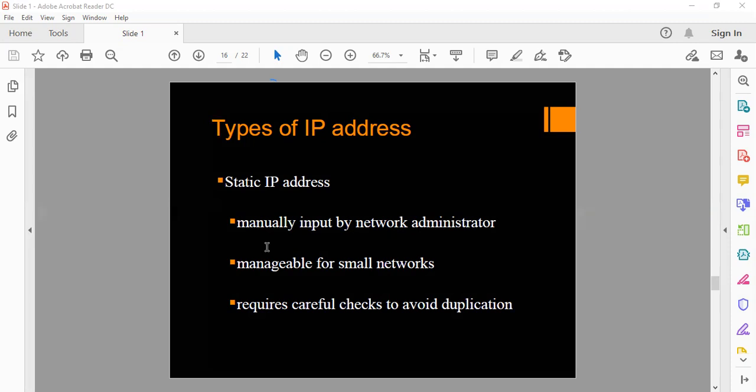It is for a small network. If you have a huge network, you will use a DHCP server and assign these IP addresses dynamically.